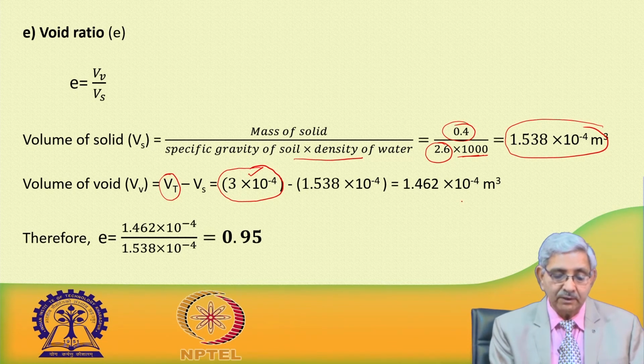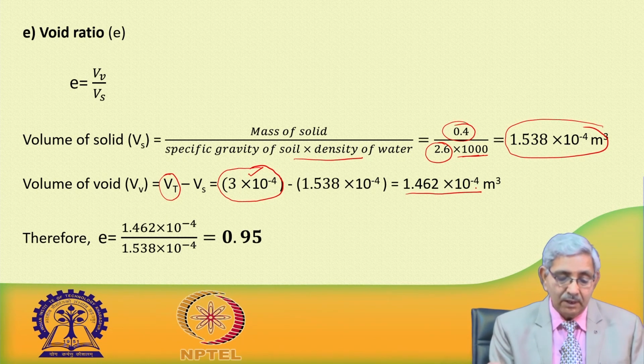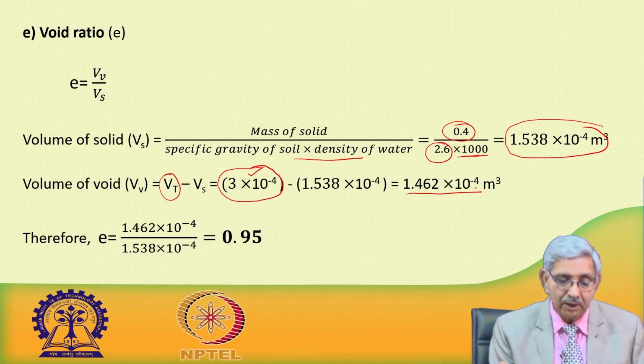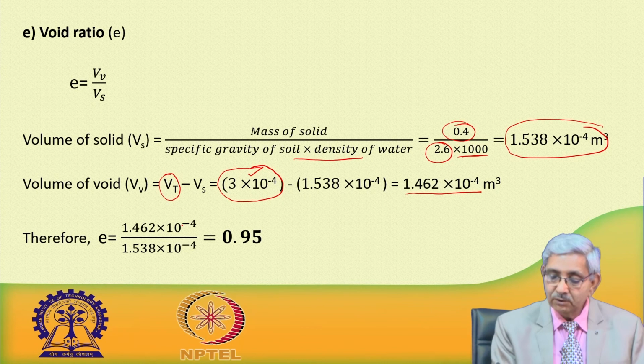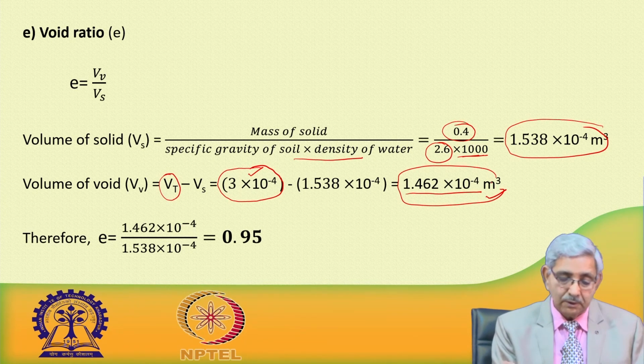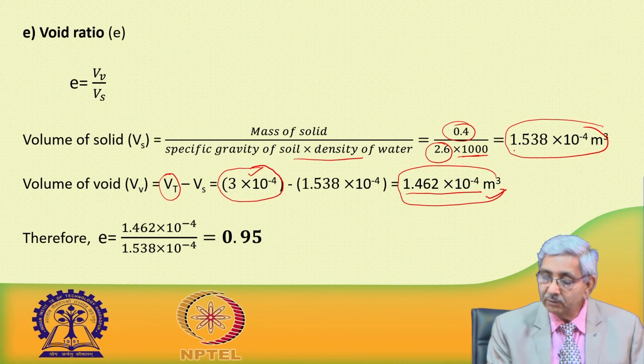When we subtract, we get the volume of void. Now we can calculate void ratio by substituting the volume of void, which we have calculated, and the volume of solid, which we have also calculated.